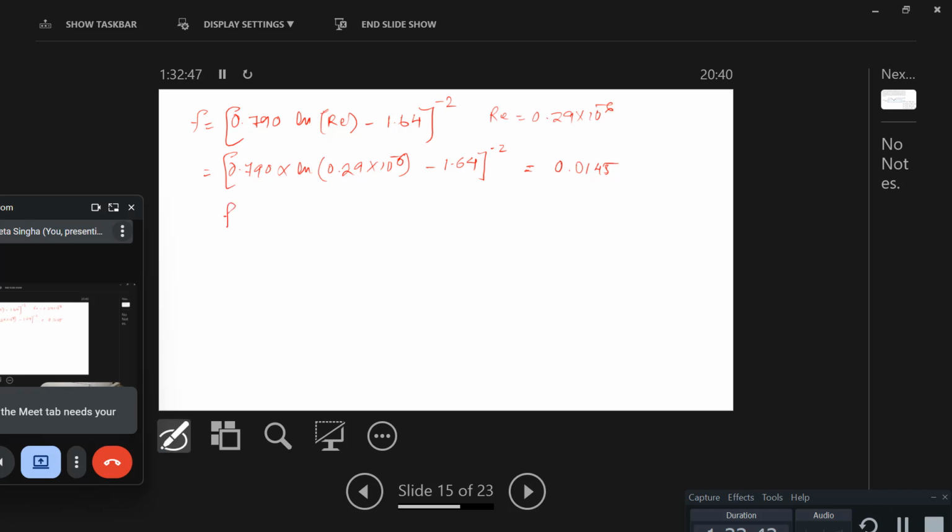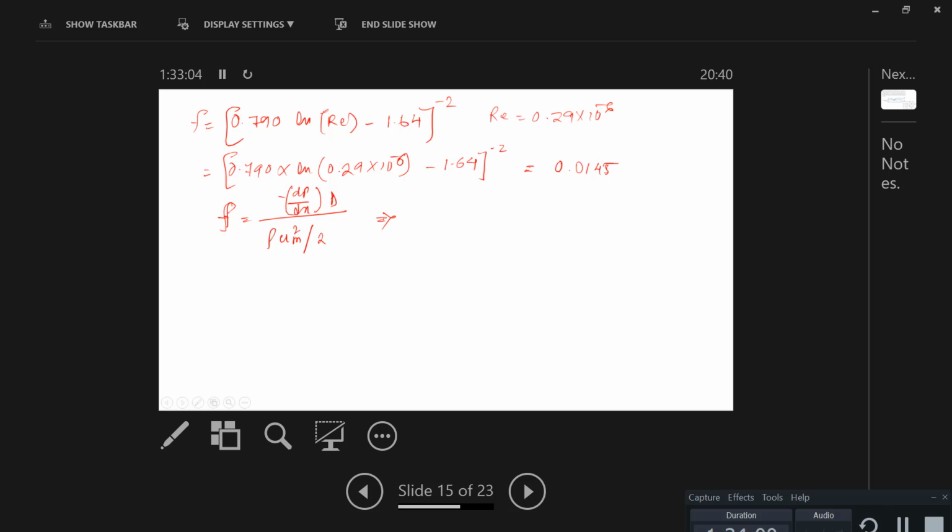Now we know this friction factor is equal to minus dP/dx into D divided by rho V square divided by 2. So this is the formula for friction factor.